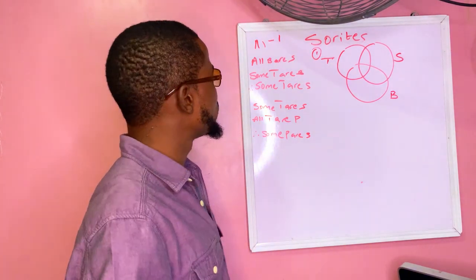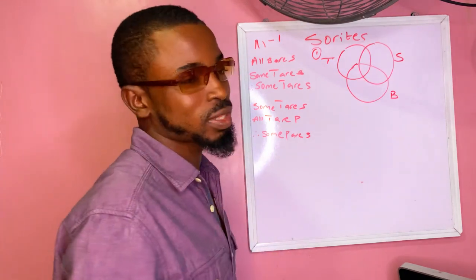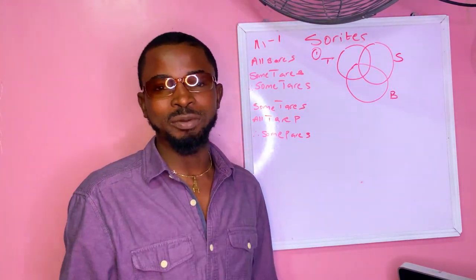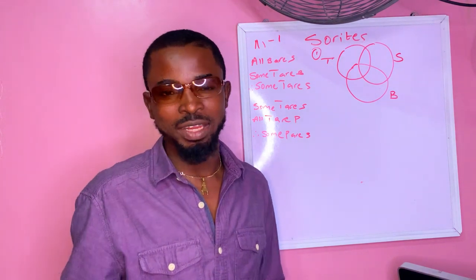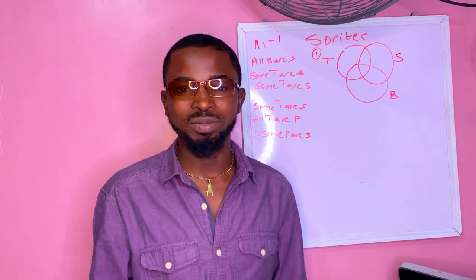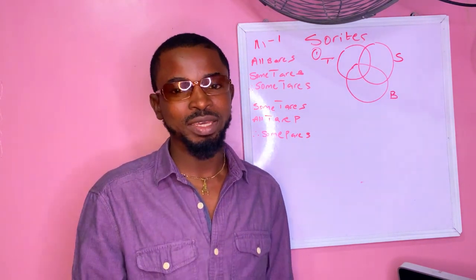So if I want to use Venn diagram to test the validity now, you already know how to test the validity of a syllogism using Venn diagram. Once you diagram the first premise, you diagram the second premise, automatically the conclusion should diagram itself. If the conclusion diagrams itself, then that argument is valid. But if the conclusion does not diagram itself, then that argument is invalid.